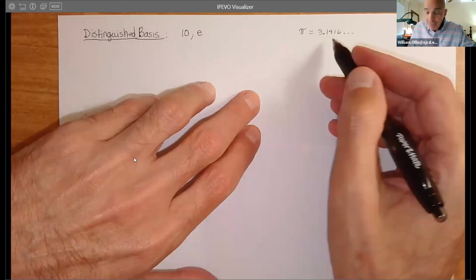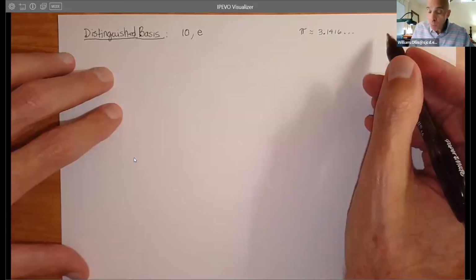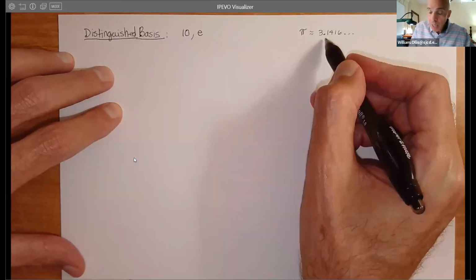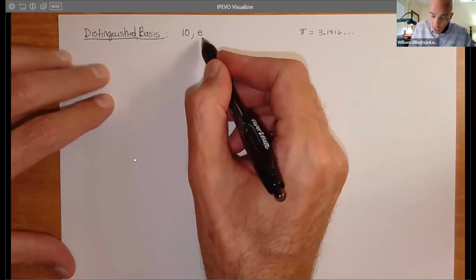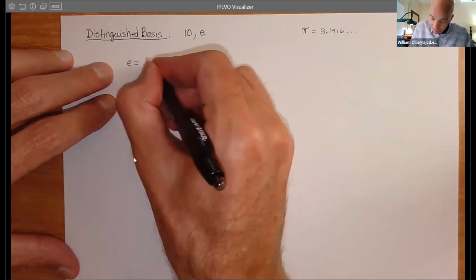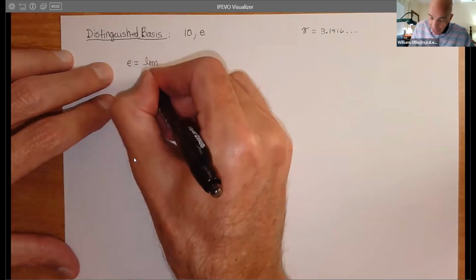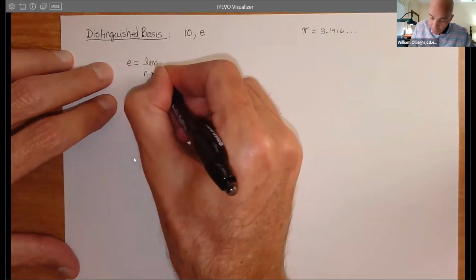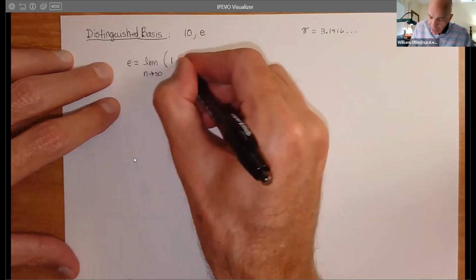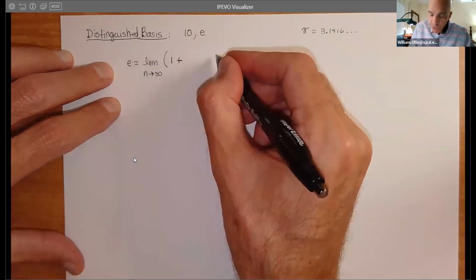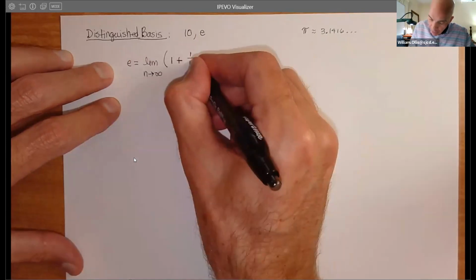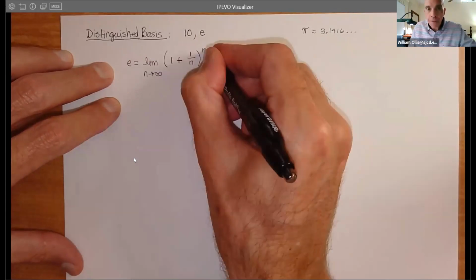Now, again, say you're doing a problem where you're doing an exact computation, say away from the geometry, that involves the natural base. Well, the natural base can be defined in terms of a limit. We can let n pass to infinity. And this is a very famous sequence. And you're going to think this looks like compound interest, Professor Ron. 1 plus 1 over n to the nth power.